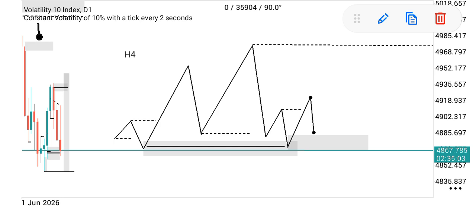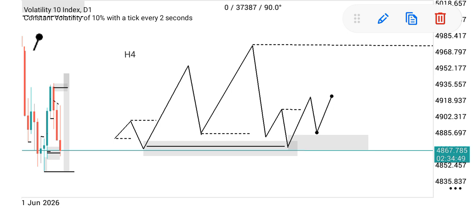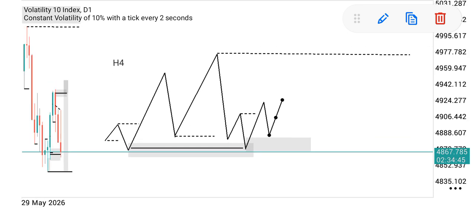Let's say we also get our engineered liquidity. The market comes tapping here, tapping into our 50% zone.